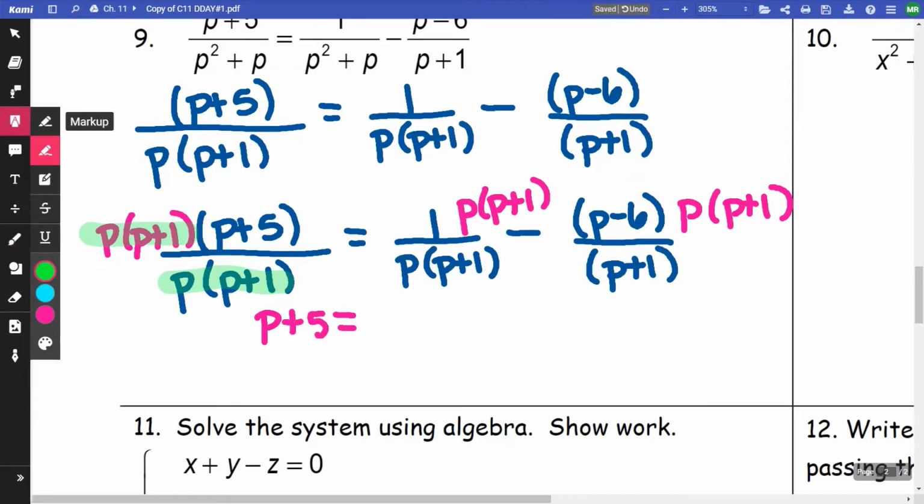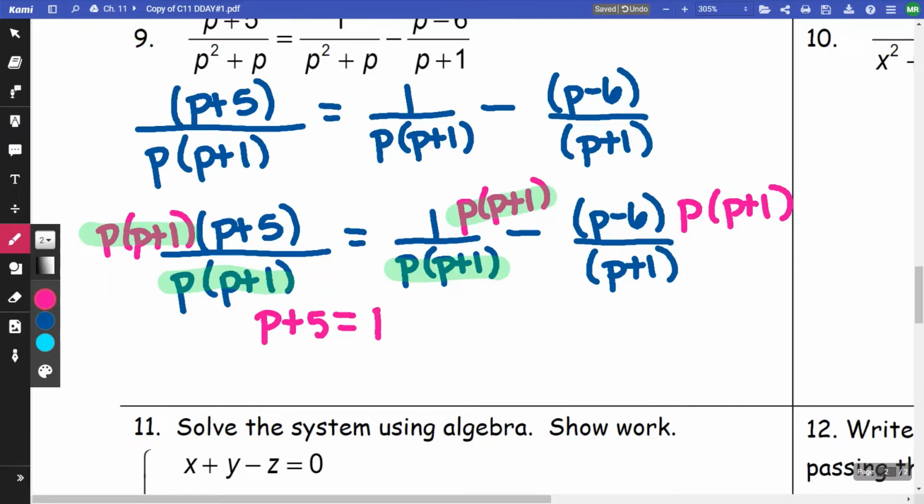And on the other side, this p times p plus 1 eliminates with this. And I get an equal 1. And then there's a minus here. And then here, this p plus 1 and p plus 1 cancel. And I'm going to be left with a p times p minus 6.